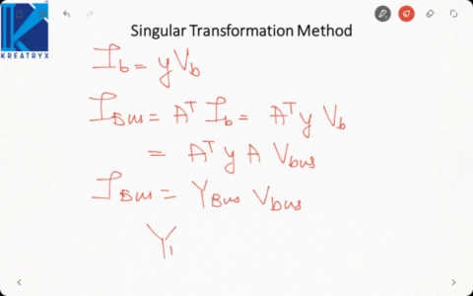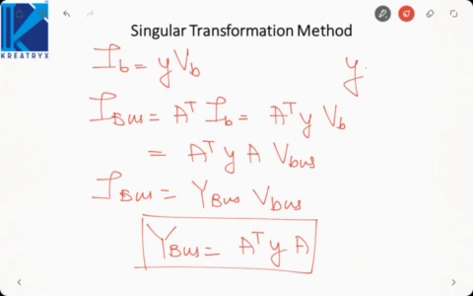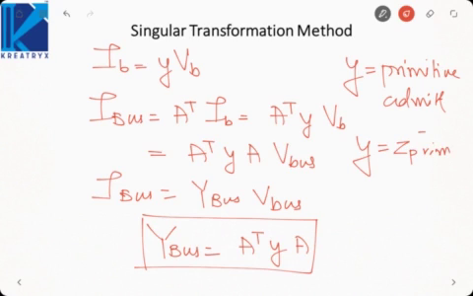So Y bus is equal to A transpose Y into A. Here Y is called the primitive admittance matrix. Actually it is equal to Z primitive inverse, where Z primitive is the primitive impedance matrix.